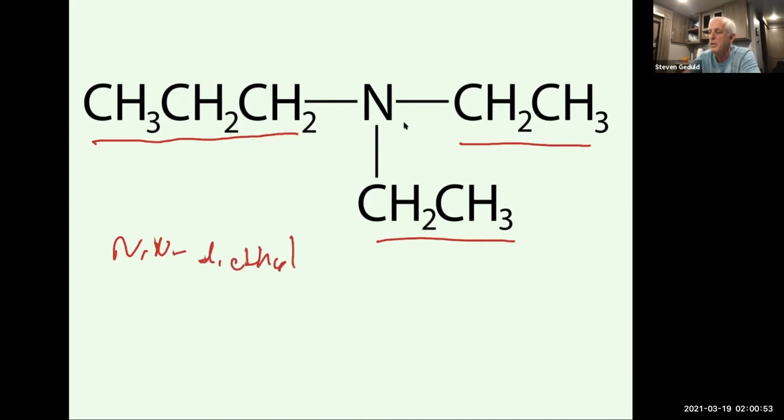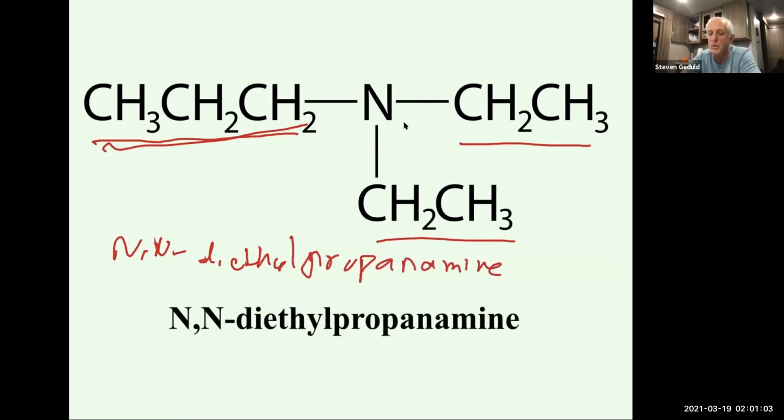And then we've got 3 carbons here, which is propanamine. So N,N-diethylpropanamine tells you it's an amine, it's a 3-carbon chain, and there are 2 other chains attached to the nitrogen, both of them ethyl groups. That's how nomenclature goes.